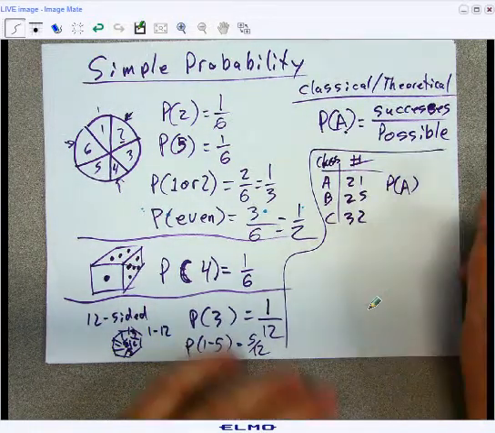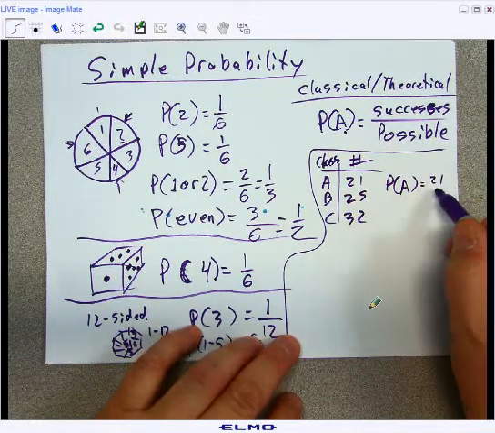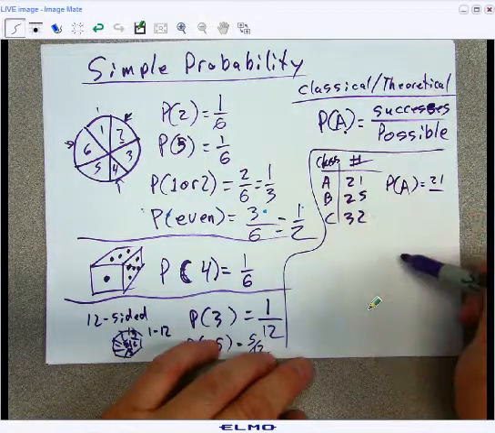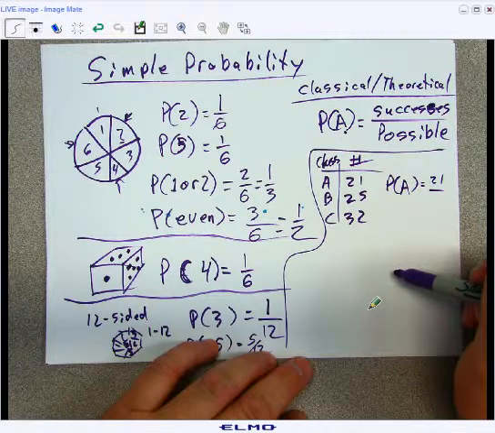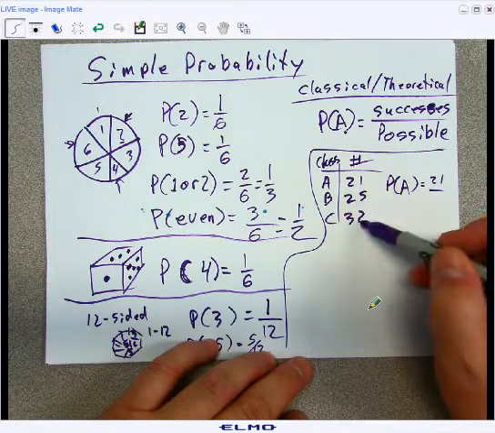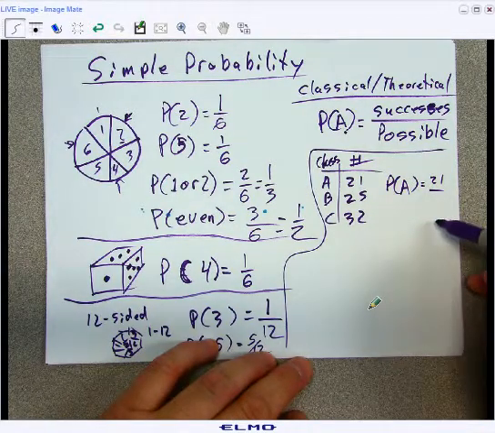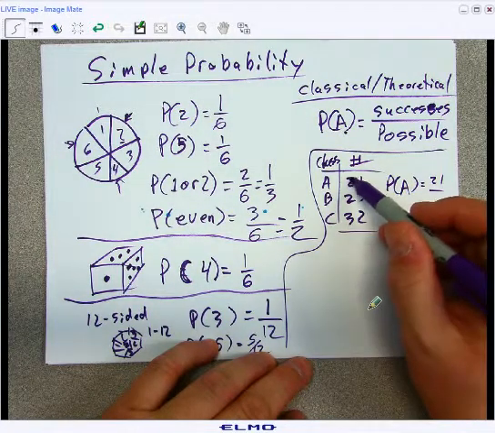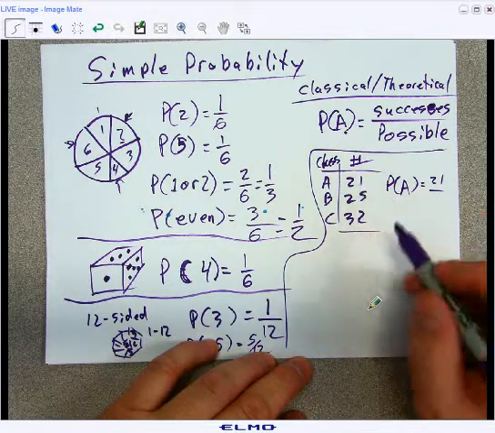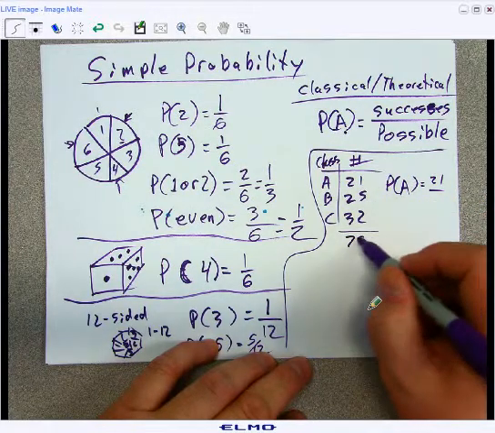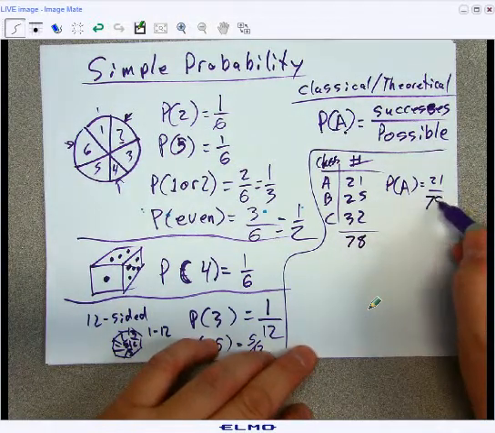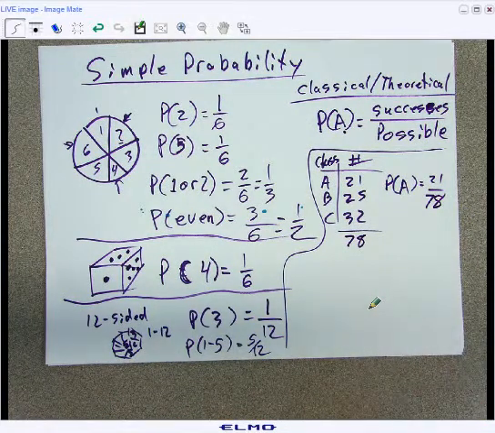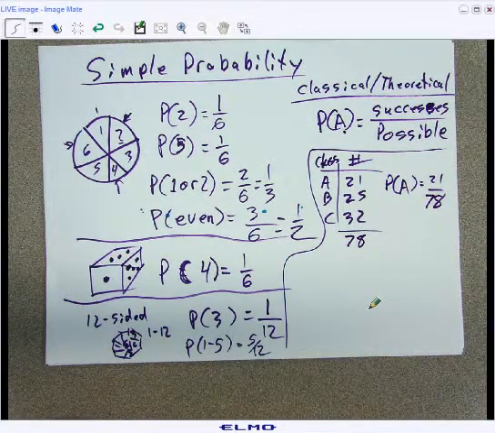There are 21 people in class A out of how many people? Now I need to figure out what the total is. Although there's 3 categories, I can't say out of 3, because how many people are here total? Well, 40, 70, looks like 78 people. So it'd be 21 out of 78 are my chances of being one of the people in class A.